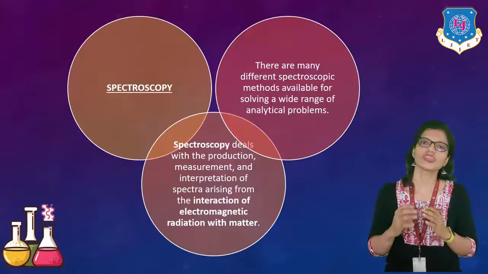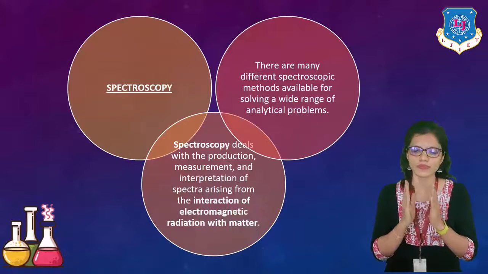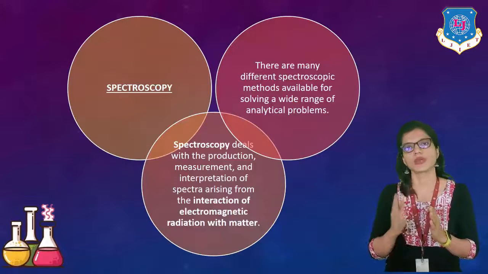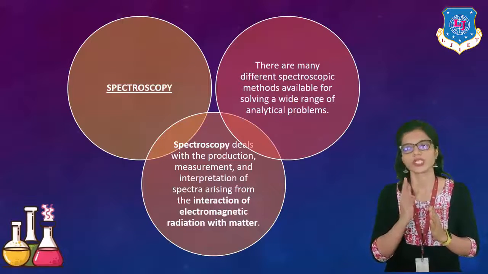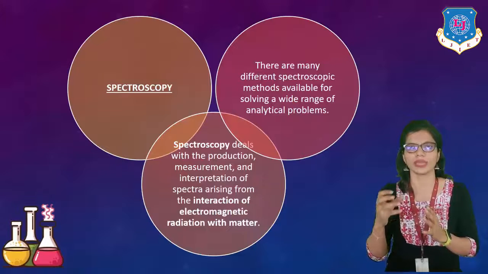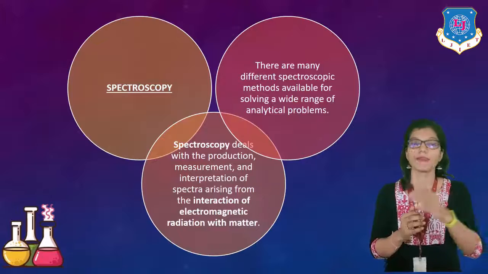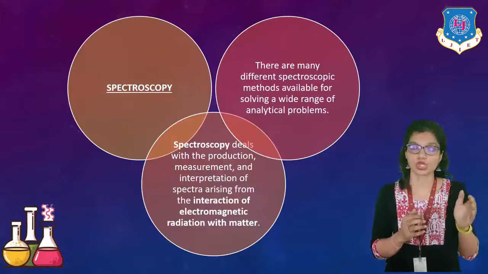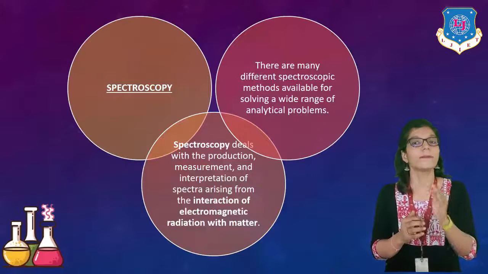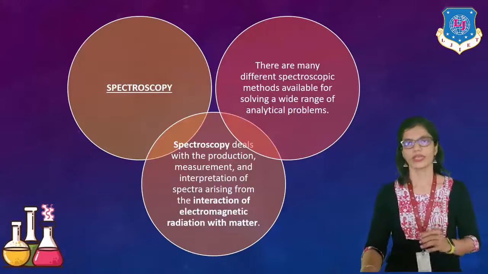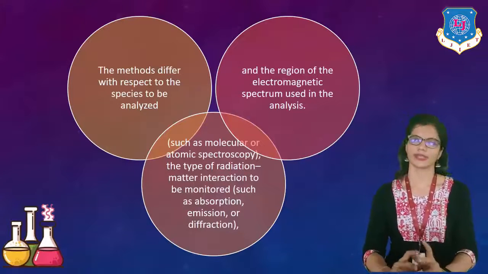Each and every one generally involves the interaction of light with matter. Spectroscopy is the measurement of light which is either absorbed or emitted by a particular matter. This is the meaning of it.